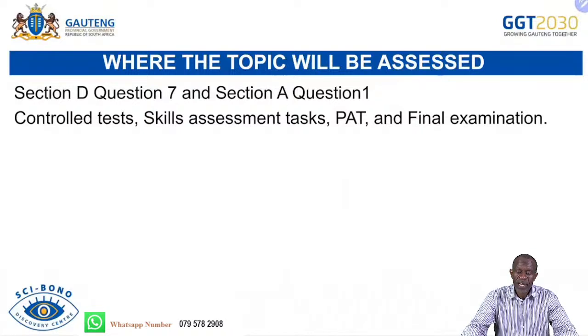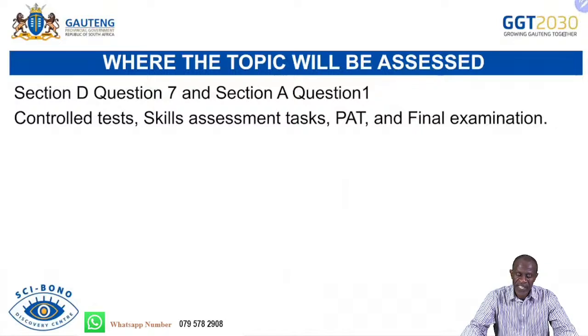Now let's look at where the topic will be assessed. It forms section D of the final question paper, and it is assessed in question 7 of the National Senior Certificate final examination.